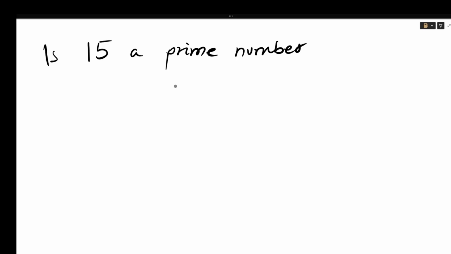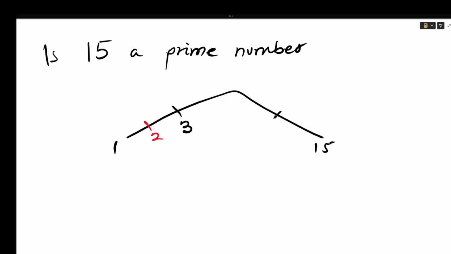So the first thing is to list the factors of 15, where we have 1 and 15 already. I don't think 2 can divide 15, but 3 can divide 15. 3 can divide 15 into 5 equal parts.